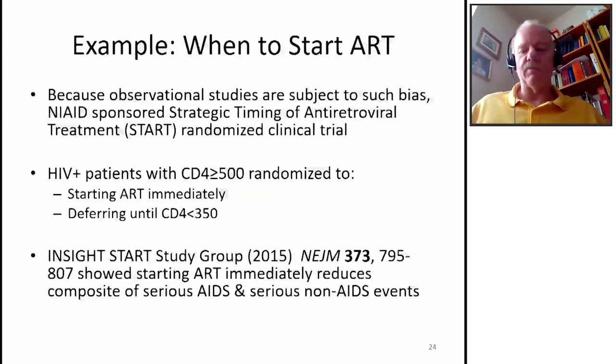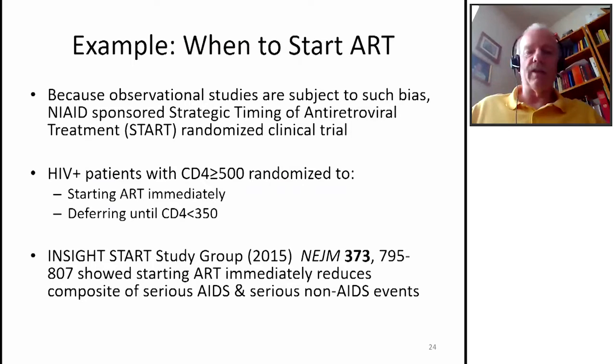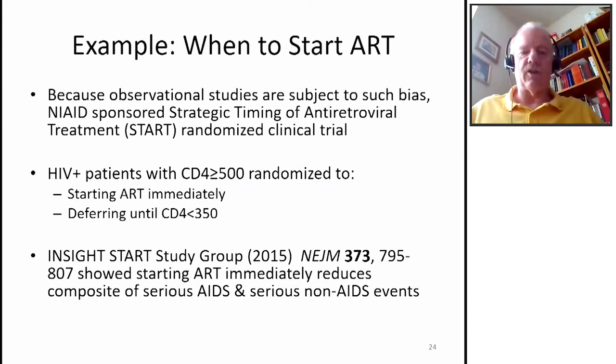There are all kinds of problems that don't occur in a randomized controlled trial. And so because of the potential for this bias, the National Institute of Allergy and Infectious Diseases, which is where I'm from, sponsored the Strategic Timing of Antiretroviral Treatment, or START, trial.